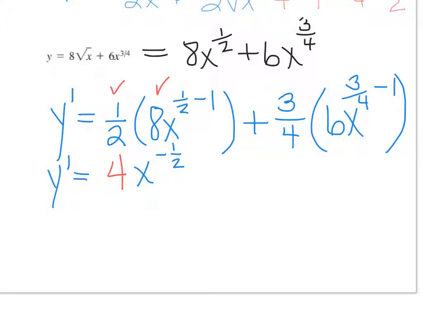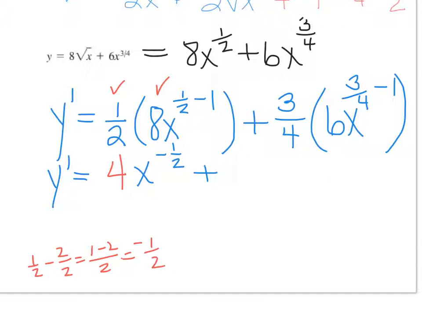And that's because, once again, if you have 1/2 minus 2/2, that's 1 minus 2 over 2, which is -1 over 2. So we finished our first term.